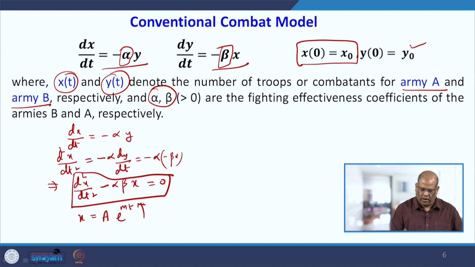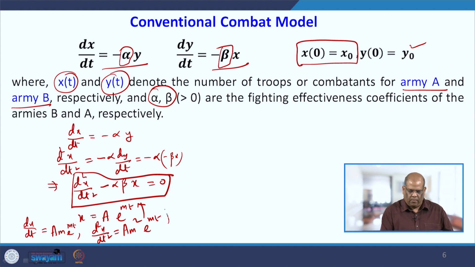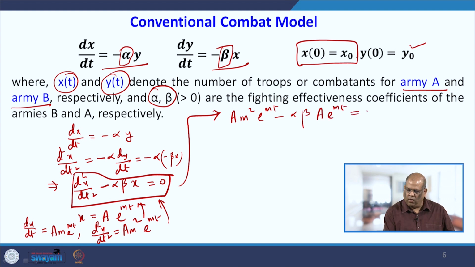You substitute it here and you get dx/dt equal to am e to the power mt, d2x/dt square equal to am square e to the power mt. You substitute them in this equation and you will get am square e to the power mt minus alpha beta times x equal to 0.